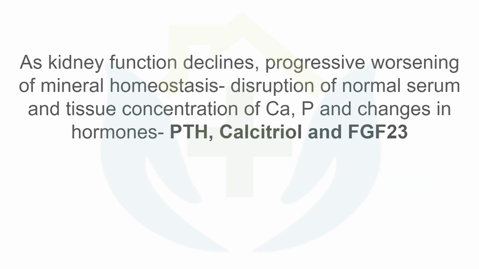As kidney function declines and CKD progresses, there is worsening of mineral homeostasis, disruption of normal serum and tissue concentrations of calcium and phosphorus, and changes in hormones, mainly parathyroid hormone, calcitriol, and FGF23.